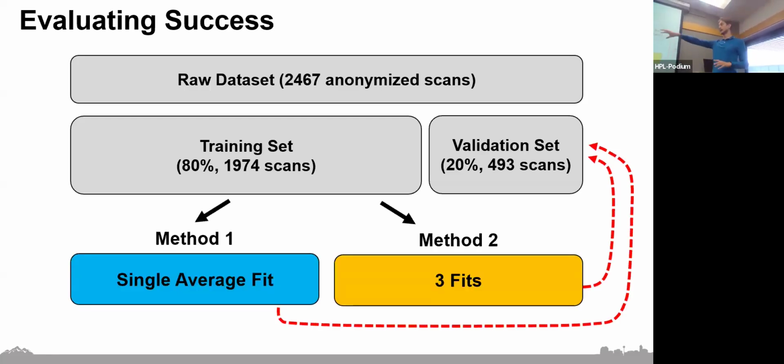And from that training data set, we apply 2 different methods. We apply the one I just described to generate 3 fits, right? And then we apply something very similar where we generate 1 single average shape for the whole population, all 2,000 scans.